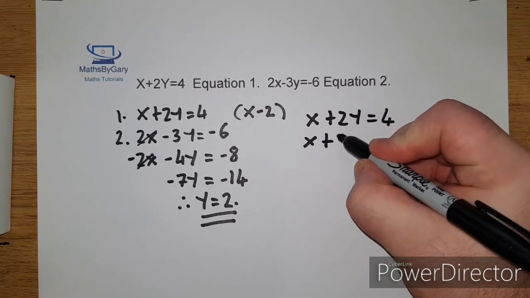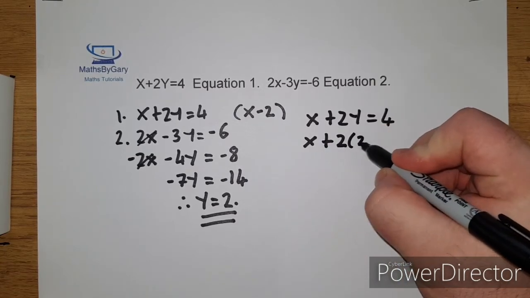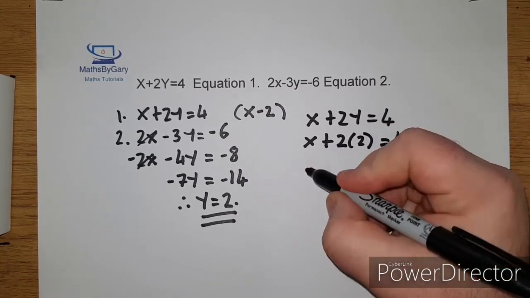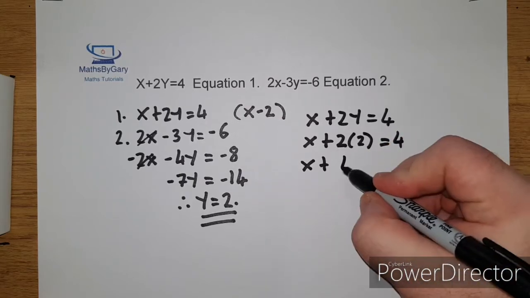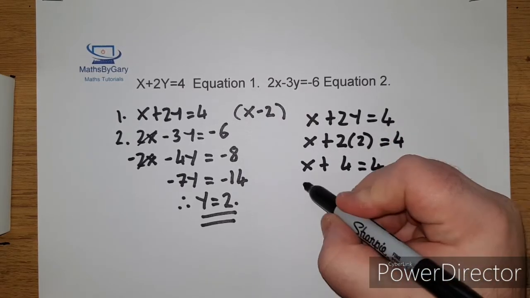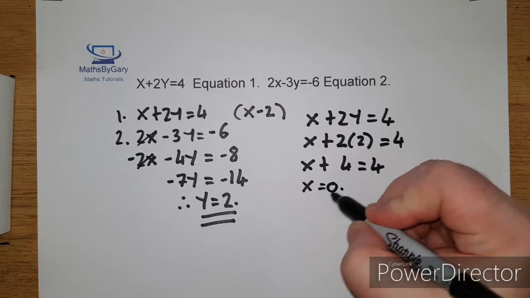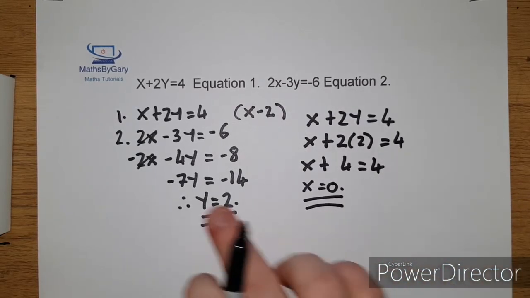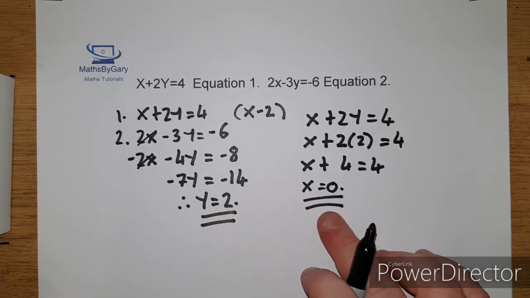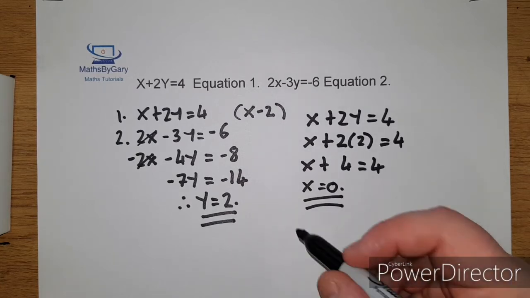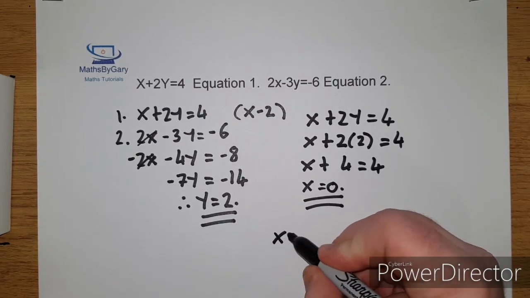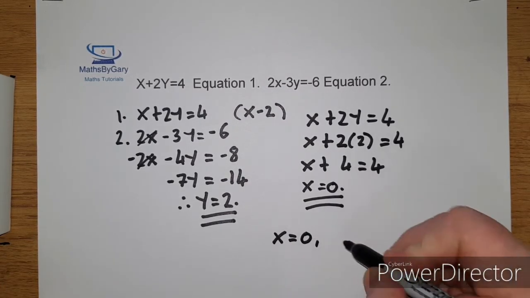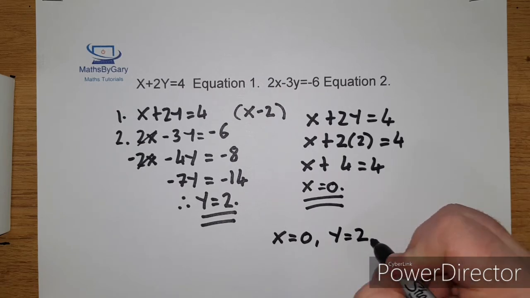We already know y is 2. So we have x plus 2 times 2, which is 4, gives you 4. Therefore x equals 0. So with less working, because we haven't done as much working in the elimination method as we did for the substitution method, we can find out x equals 0 and y equals 2.